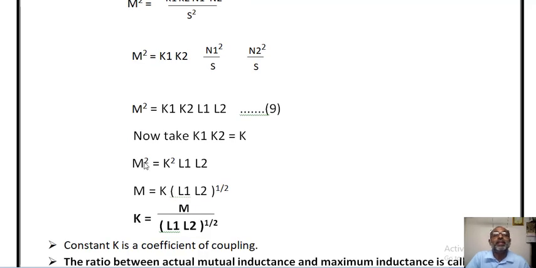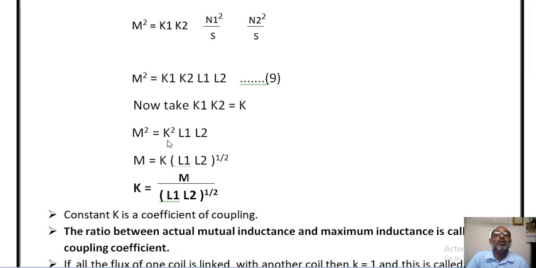Now here we are taking K1 and K2 equal to K, because the values of K1 and K2 are both the same. So our equation becomes M square is equal to K square L1 L2.